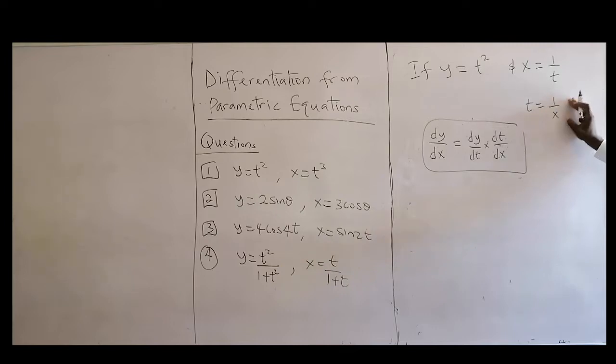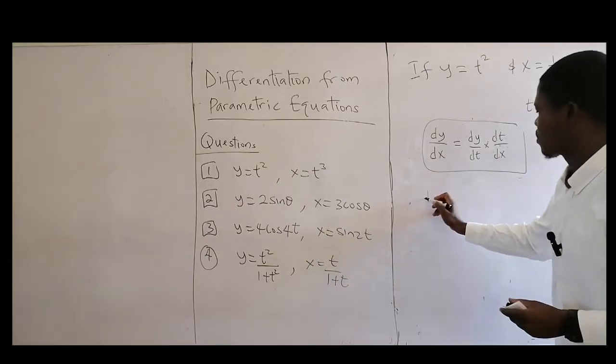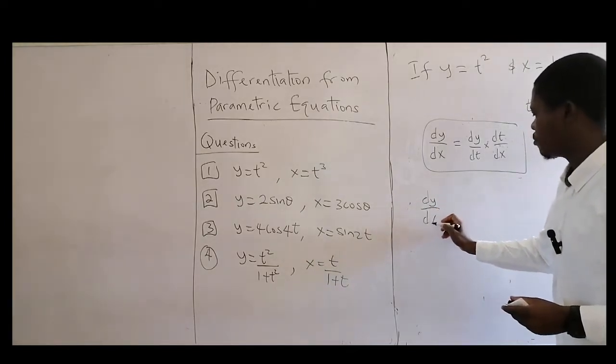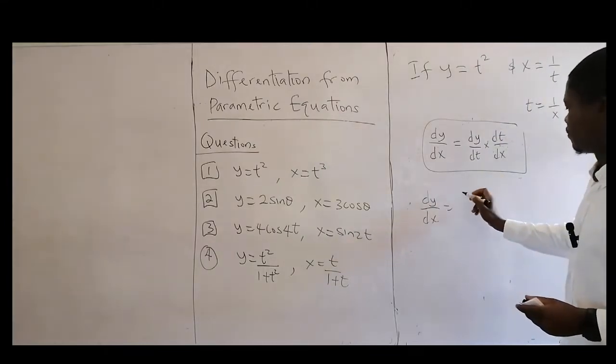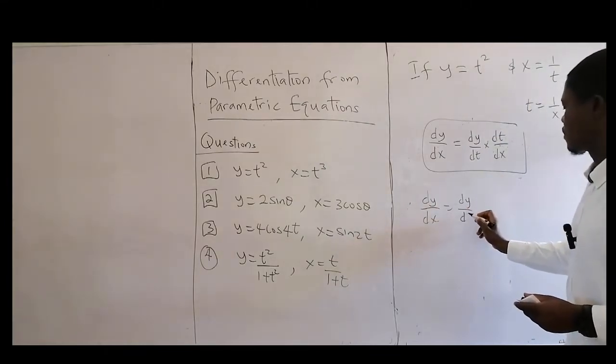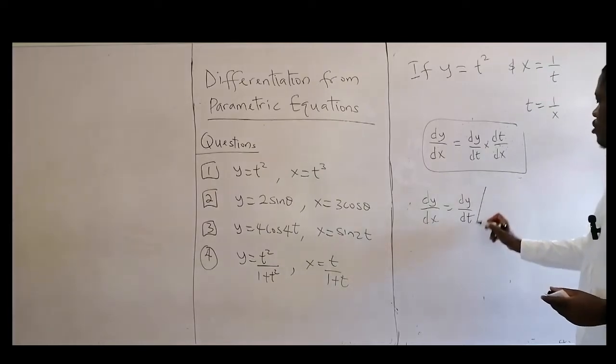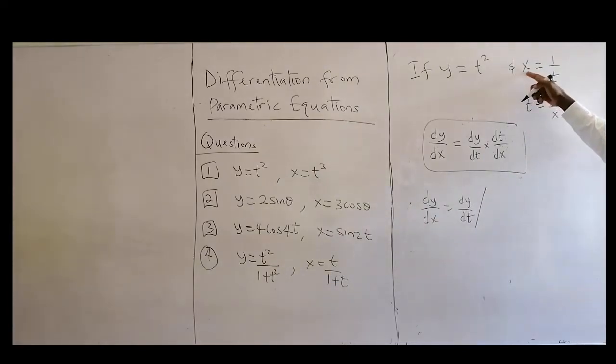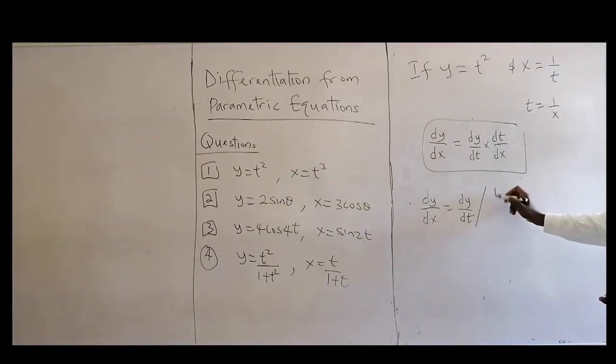So in that case now, our dy/dx will be equal to dy/dt divided by dx/dt. Okay? So these are the equations we're using for parametric equations.